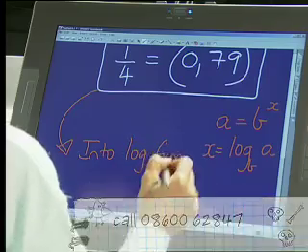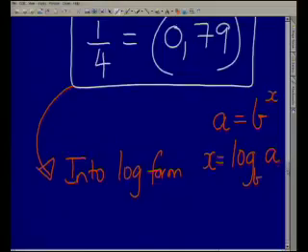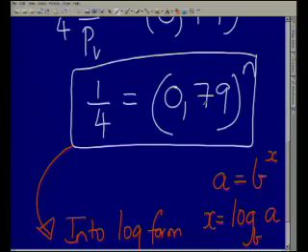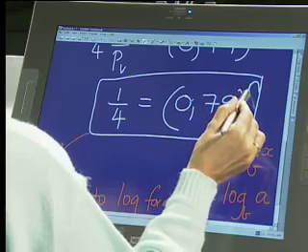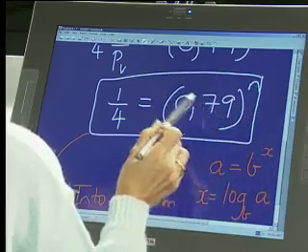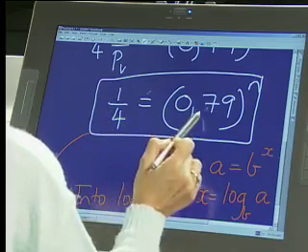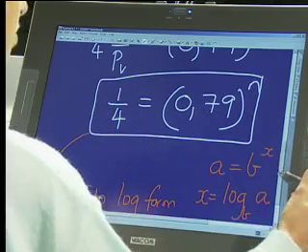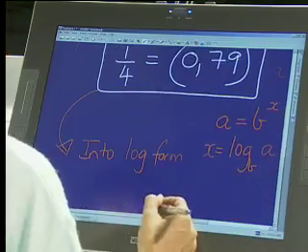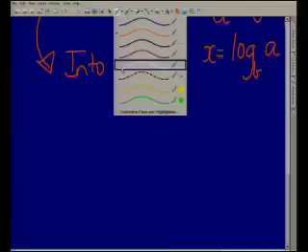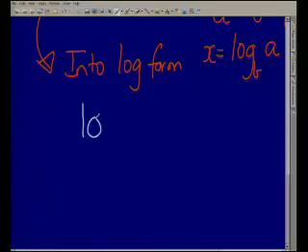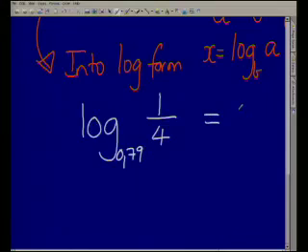If we look at it carefully, we have that 0.79 is our base, n is our exponent, so we're going to take the log of 1/4 base 0.79. So here we go. Log of 1/4 base 0.79 will equal n.